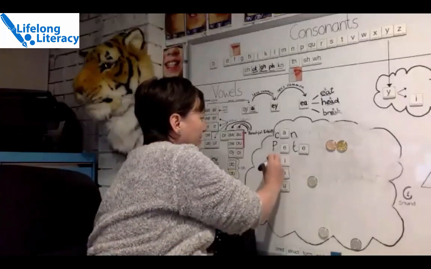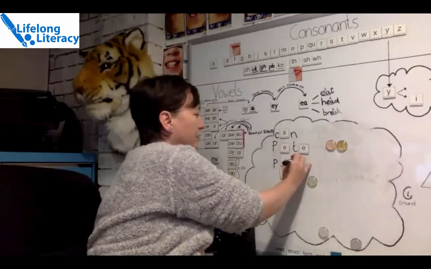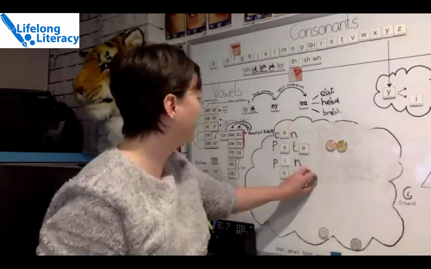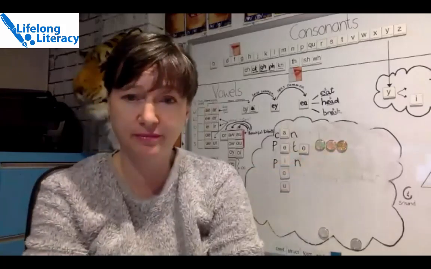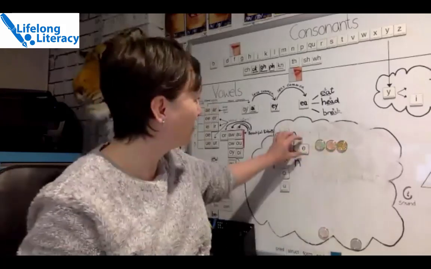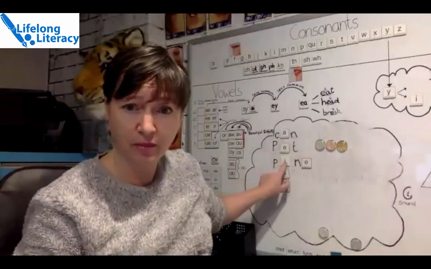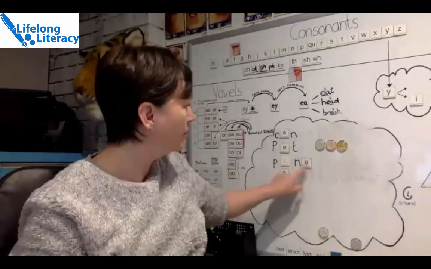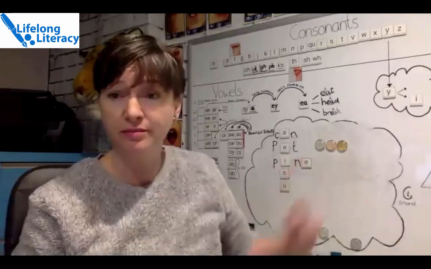All right, next word, pin. P-I-N. Write it down. P-I-N. Three sounds. Adding final silent E is a signal to make the I represent its name. P-I-N, no sound here. What word?